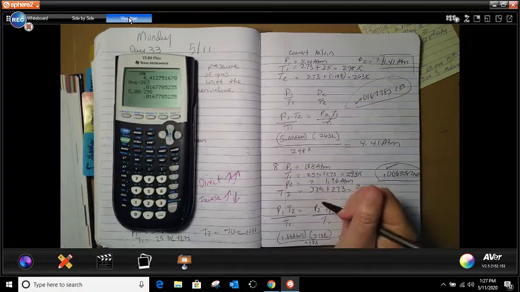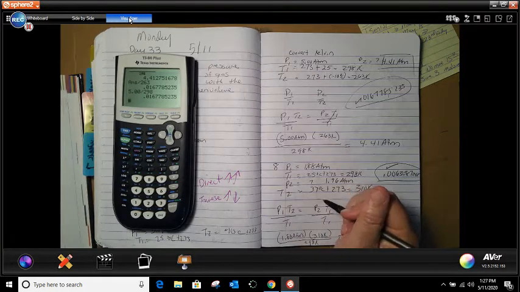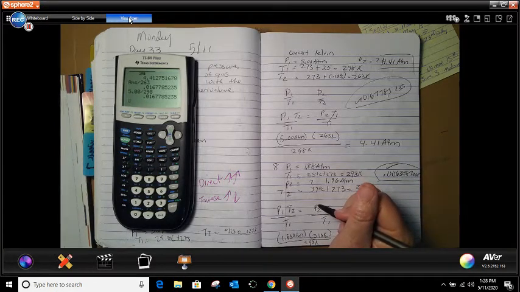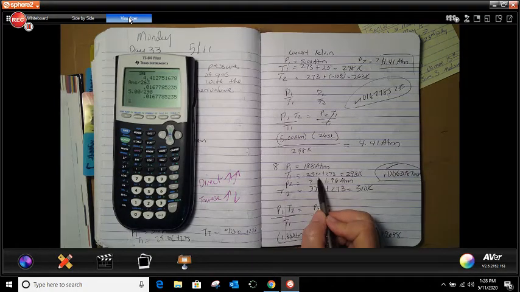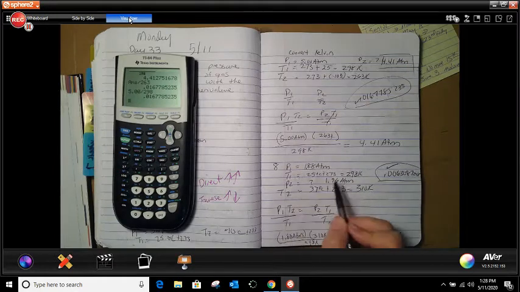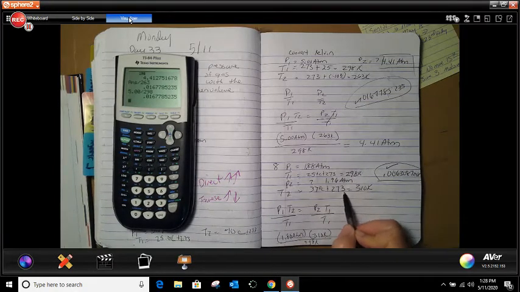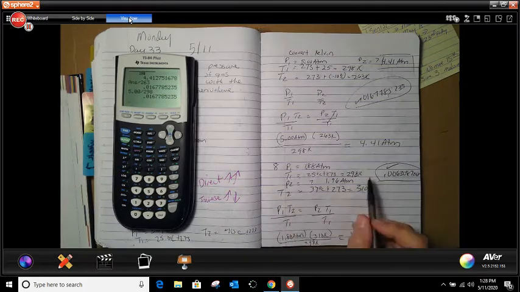Then let's go on to the next problem, which is number 8. It says the pressure of an automobile tire is 1.88 atm at 25 degrees Celsius. What would be the pressure if the temperature increased to 37 degrees Celsius? The first thing I did is change my temperatures, adding 273 to both of those.